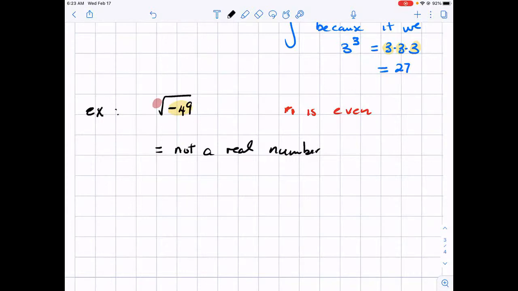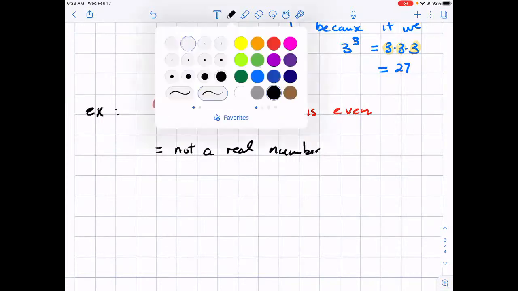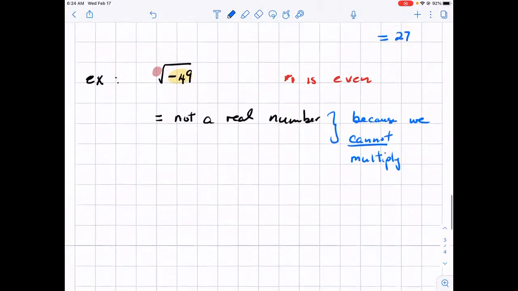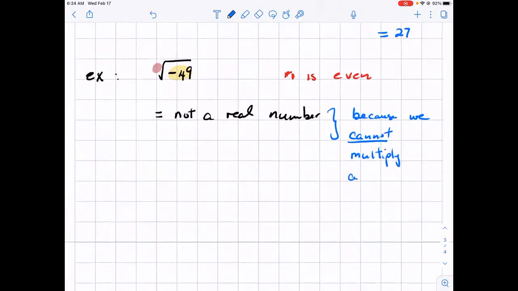Okay, it is not real, and I can say that because we cannot multiply a number by itself to get negative 49.